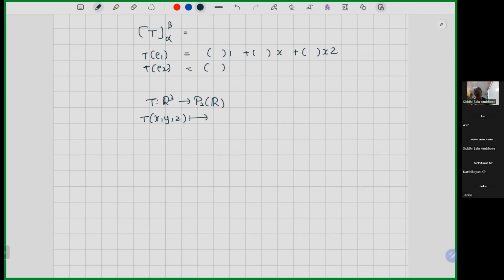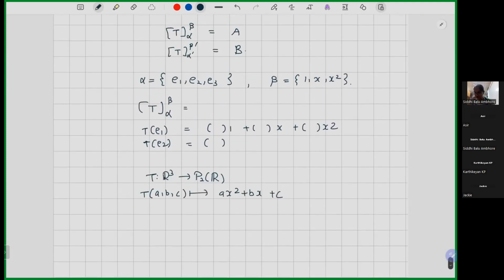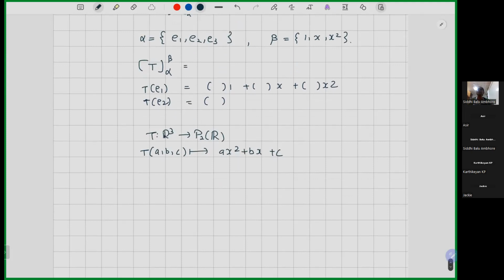I considered (a, b, c) going to ax square plus bx plus c.